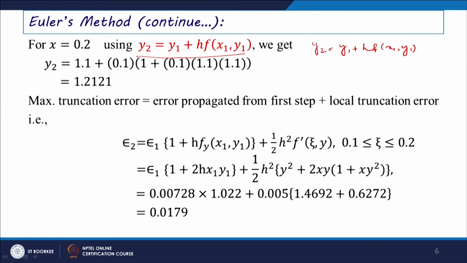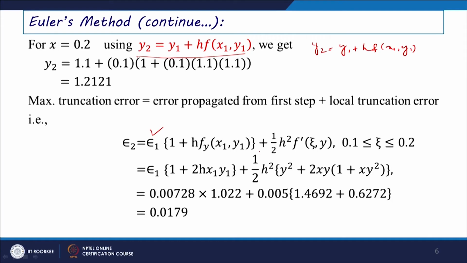The maximum truncation error, or error propagated from the first step plus the local truncation error, we can write as epsilon 2 equals epsilon 1 into 1 plus h fy of x1 y1 here, since this error is associated with the second approximation here.